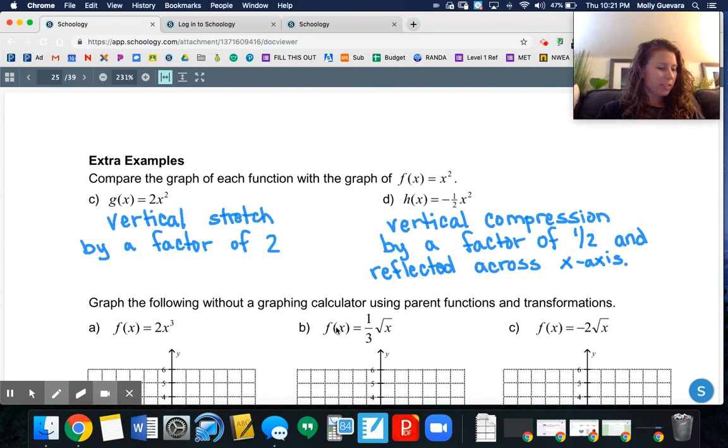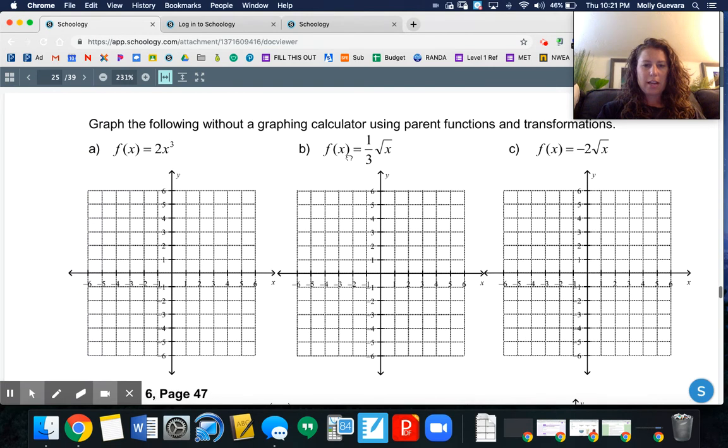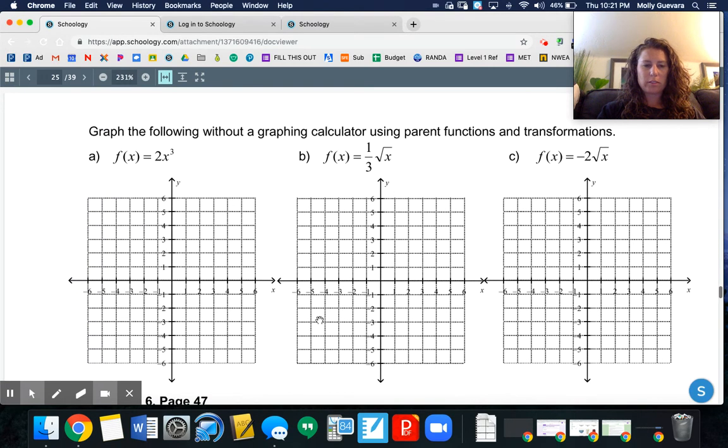Okay, so what we're going to do now is we're going to use this information to help us graph. I know I'm cruising, but you can always go back and rewatch it if you need to. Okay, so let's look at, what does that mean for this? Since it has a vertical stretch of 2, all we do is we multiply each y coordinate by 2.